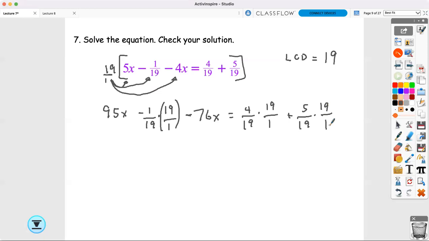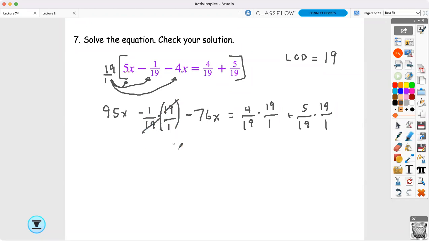Now I'm going to show you a math trick with this problem. If we multiply two fractions next to each other, like right here we do negative 1 over 19 times 19 over 1, and we have a number on top of the fraction and that same number in the bottom of the fraction, we can actually use algebra to cancel those 19s out.